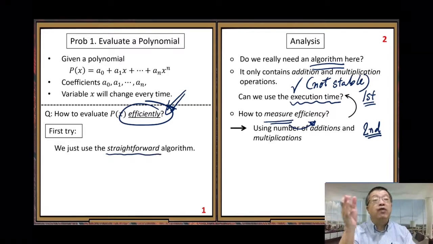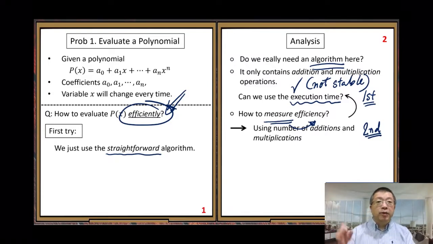The one everyone knows how to do, right? Is there anyone who does not know how to evaluate a polynomial? I don't think there is anyone in our class who does not know how to evaluate a polynomial. Too simple. Straightforward method.